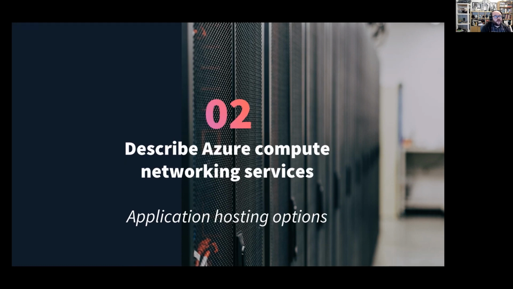Thanks, Gregor. Yeah, so Simon has just covered off the various different types of compute that Azure offer, and I will just now go through how they can be used to host a web app, or the various different hosting options. So there are three primary types.